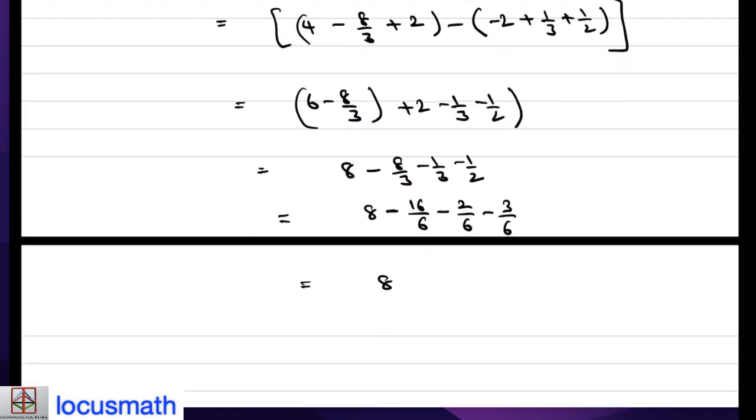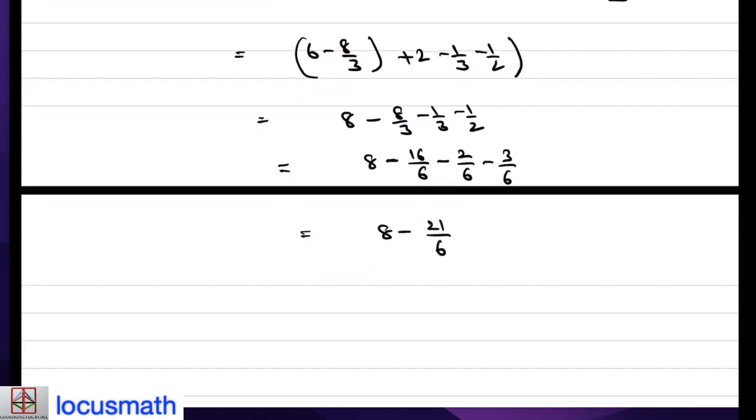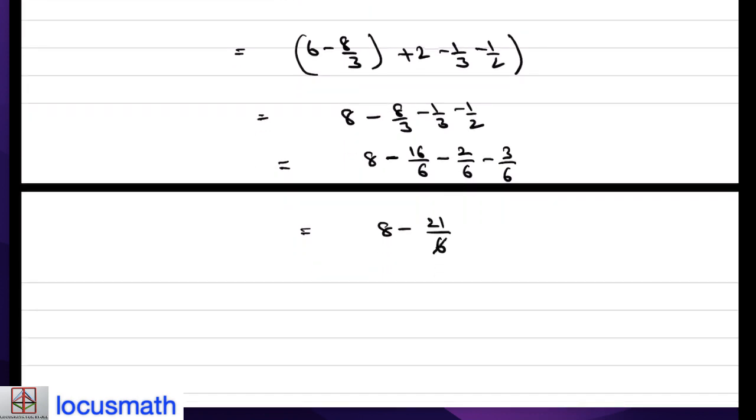So this is equal to 8 minus 21 by 6. Now 3 2s are 3, 7 times, that is 16 minus 7 by 2.